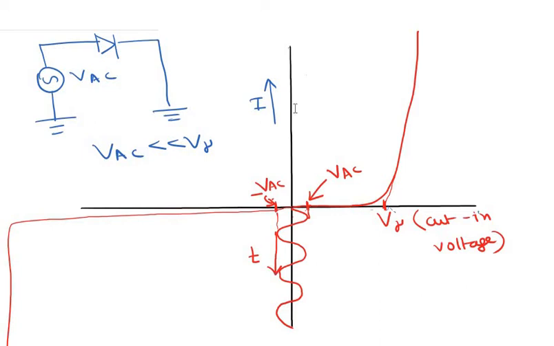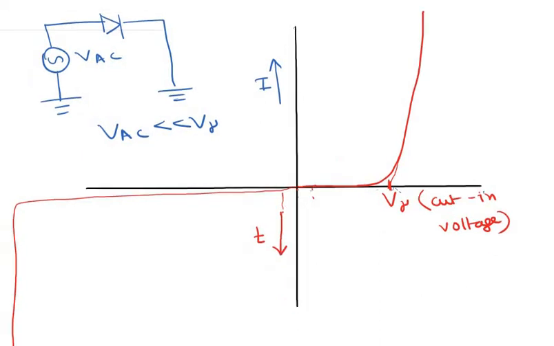Now let us consider another situation where instead of only this AC voltage, there is a DC voltage also which superimposes with this AC voltage, or which is connected in series with this AC voltage. So we have a DC voltage here which is connected in series with this AC voltage. So this voltage is VDC, and VDC is actually greater than V gamma.